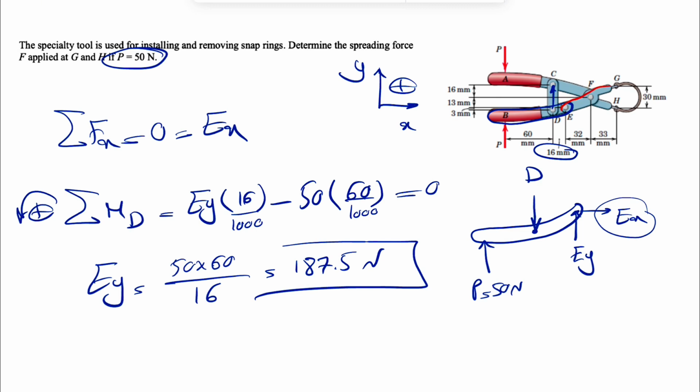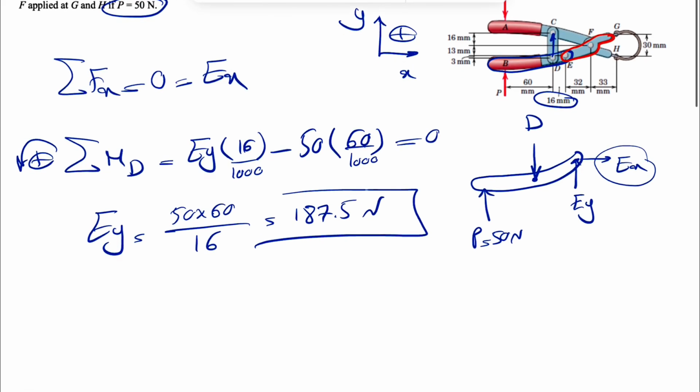So now we care about the free body diagram of this part, and since we have E now, we should be able to find the force at G, and whatever we get for G will be the same for H as well. So let's see what we had at E. The force applying from the member EFG was in this direction, so that was correct.